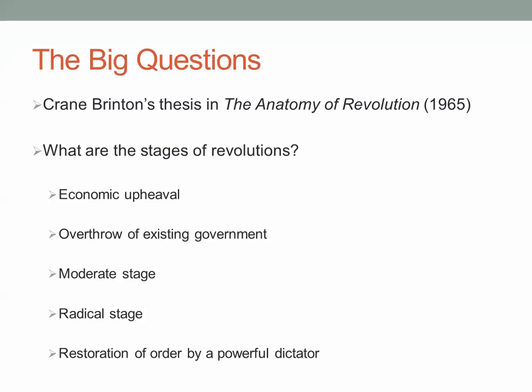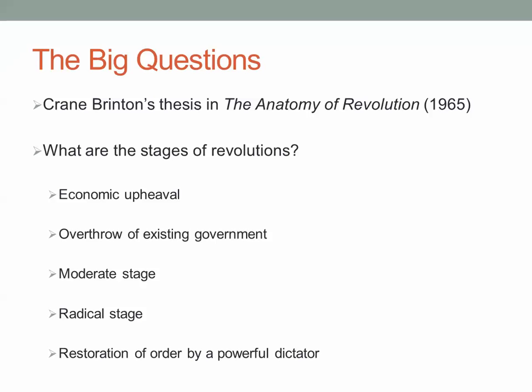Also, when we speak about revolutions, we talk about stages. There is a historian by the name of Crane Brinton who wrote The Anatomy of Revolution. In this book, he looks at the stages of several revolutions, and he says that political revolutions have similar stages of progression.